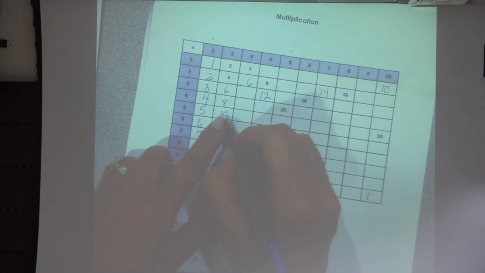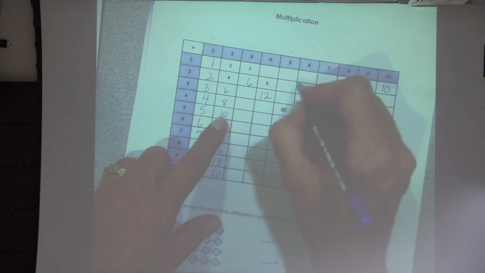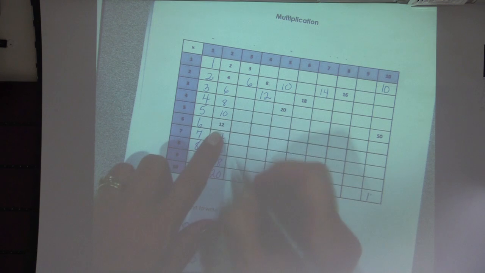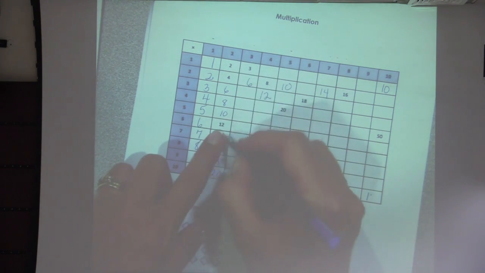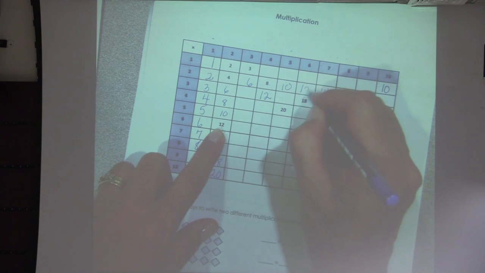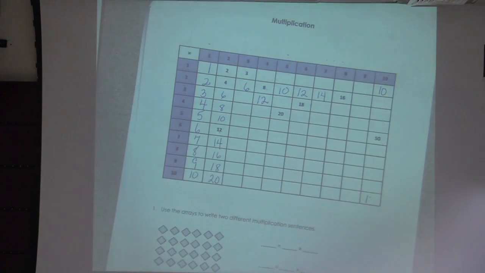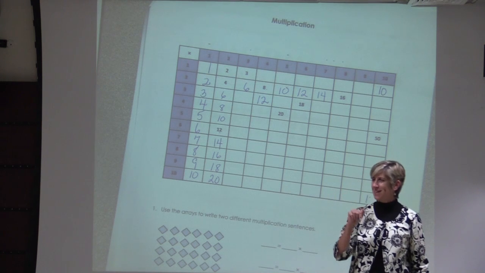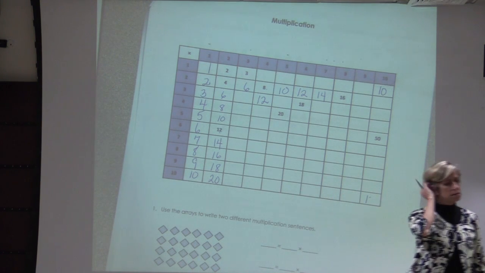I know 5 times 2 is 10. I know 2 times 5 is 10. I know 2 times 6 is 12, and 6 times 2 is 12. So what you start seeing is the pattern goes down and then it goes across.